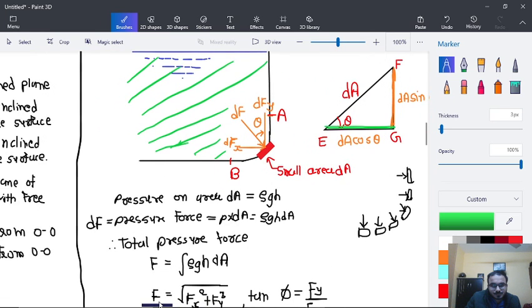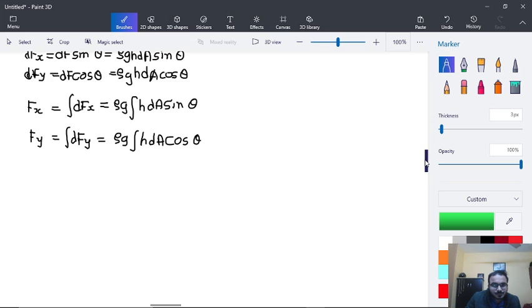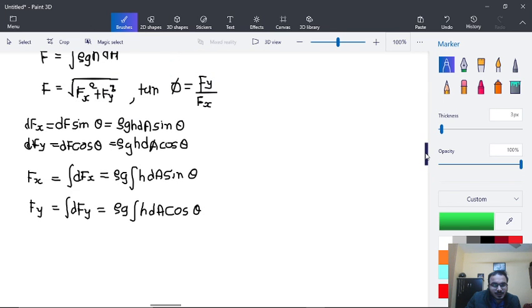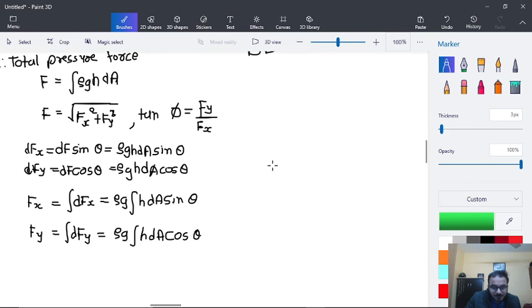So here Fy will be the pressure force and Fx will be the weight force. Wait, let me correct it. Fx, here Fx will be the pressure force.